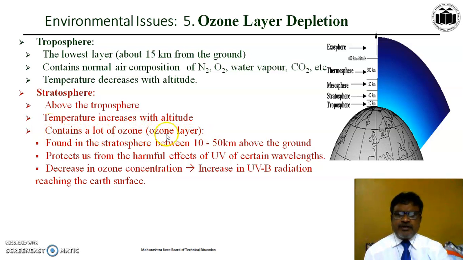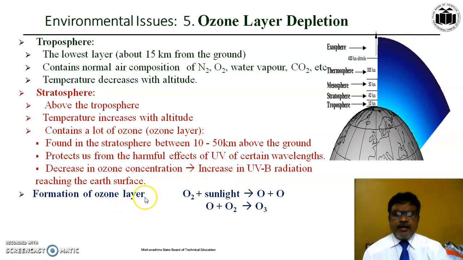The ozone layer is situated in the stratosphere, between 10 to 50 km above ground. It protects us from the harmful effect of UV radiation of certain wavelengths. A decrease in ozone concentration means an increase in UVB radiation reaching the Earth's surface.